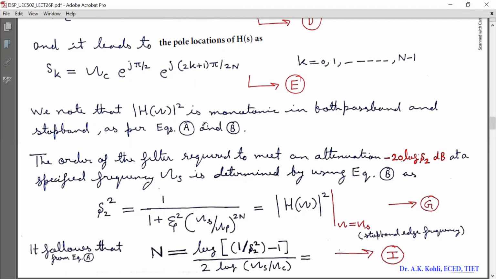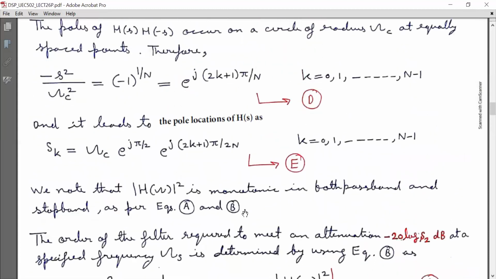So magnitude H(omega) square evaluated at omega is equal to omega s, that is at stopband edge frequency, is equal to delta 2 square. So delta 2 square is equal to 1 by 1 plus epsilon square bracket omega s by omega p raised to power 2N.